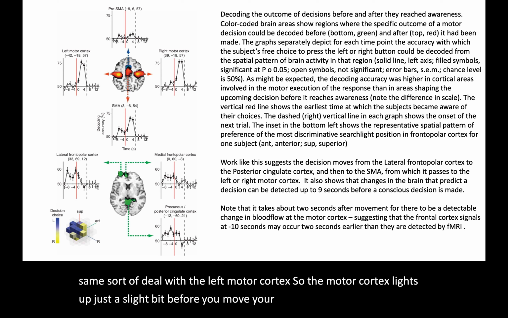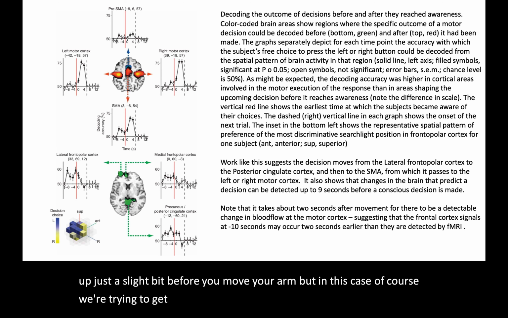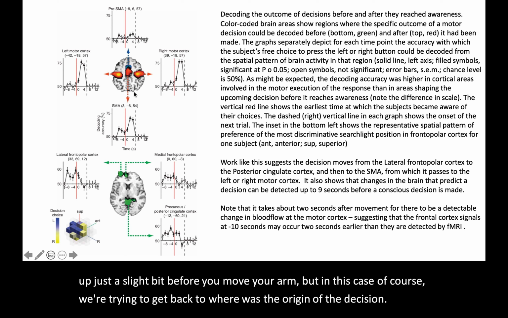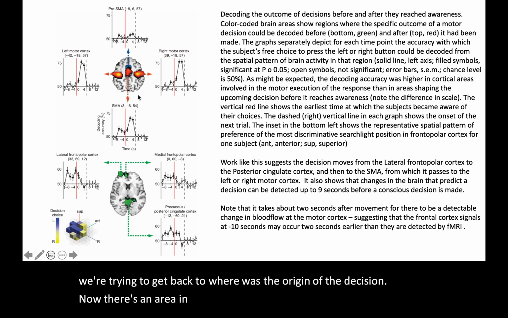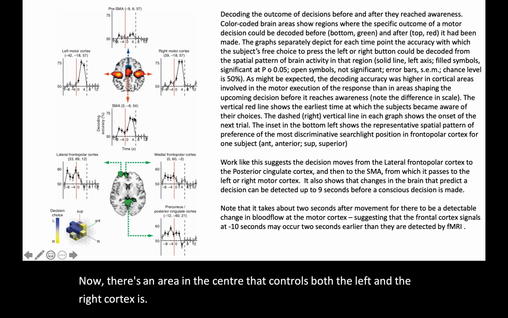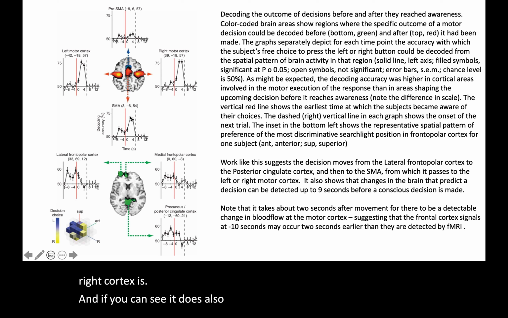But in this case, of course, we're trying to get back to what's the origin of the decision. Now, there's an area in the center that controls both the left and the right cortexes. And if you can see, it does also light up around the time you're pressing and continues to stay lit after.